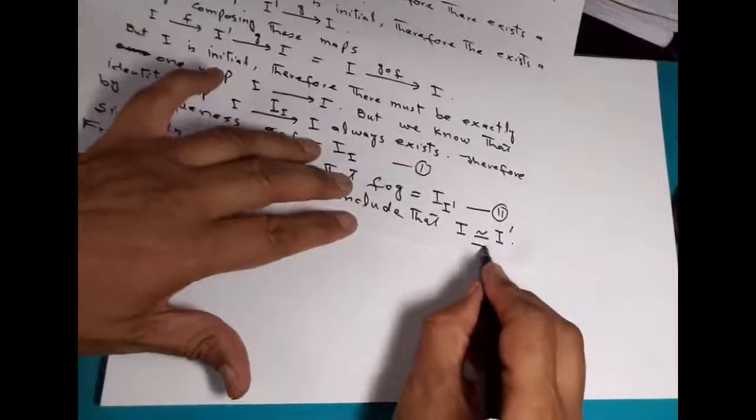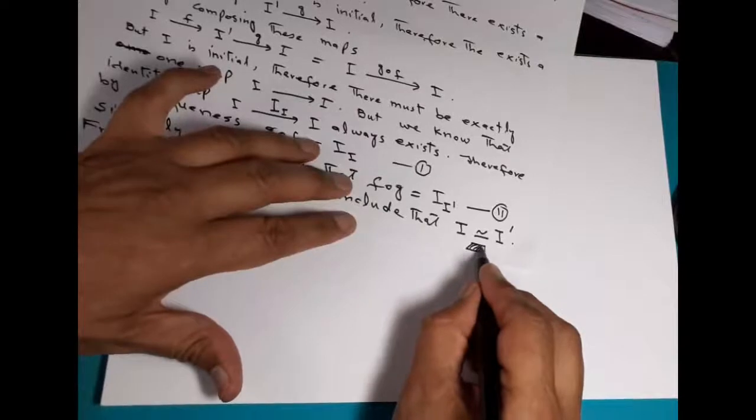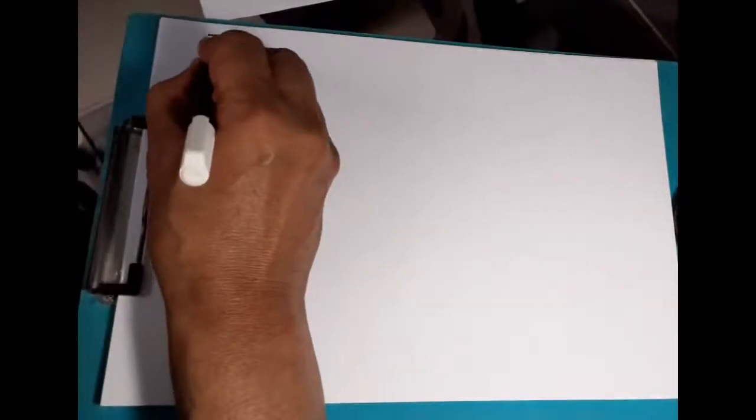Now we come to dual concept of initial object, and that is that of terminal object. So let's define what a terminal object is. Definition of terminal object.